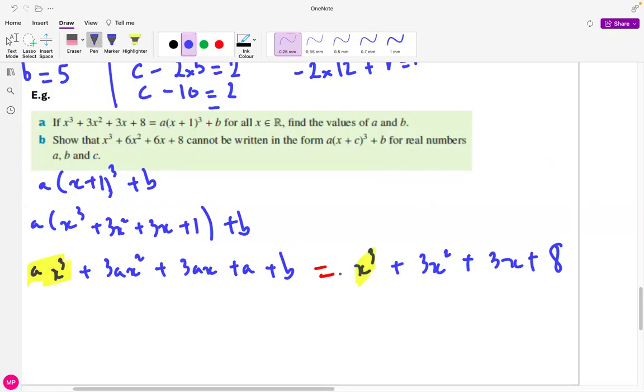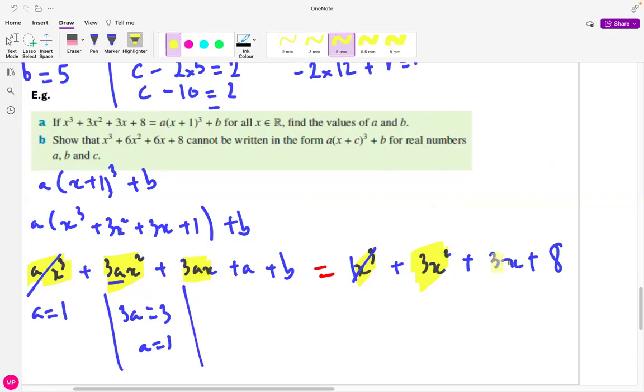The coefficient of x cubed here is 1, so we know a equals 1. So we're done with that. Now we do the next one, which is 3ax squared, and this is 3x squared. So 3a as a coefficient equals 3. That gives you a equals 1, which is exactly what we got. Then 3ax equals 3x, that's the same thing. 3a equals 3, that still gives you a equals 1.